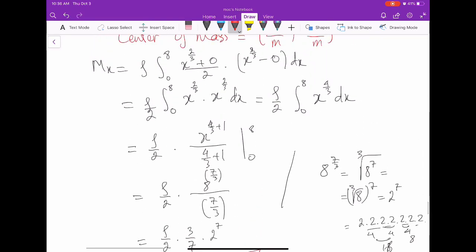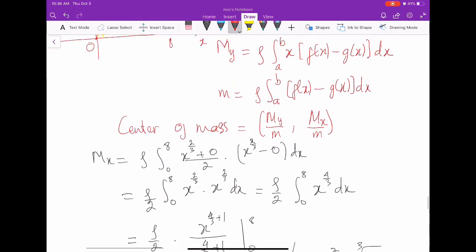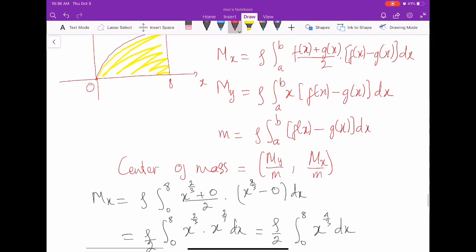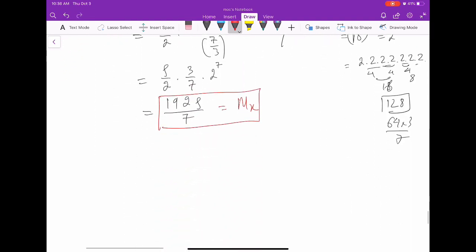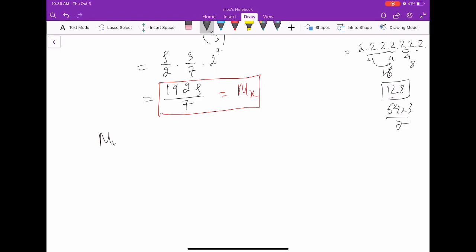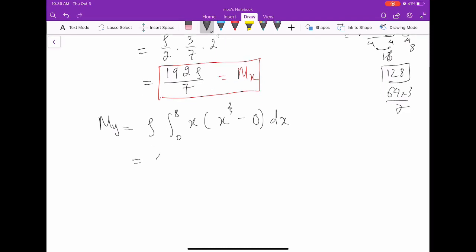And then we can find my, the moment with respect to the y-axis. So my is equal to rho integral from 0 to 8 x times f of x, x to 2/3 minus 0, because the y is 0, right? So I have rho integral from 0 to 8 x to 2/3 plus 1 dx.